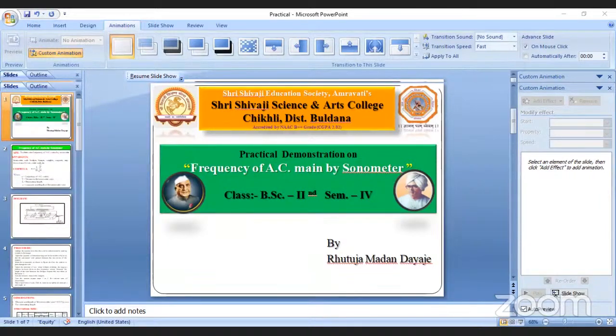The aim of the experiment is to determine the frequency of AC mains by sonometer. Apparatus of the experiment: sonometer with bridge, hanger, weights, magnets, step down transformer, meter scale, etc. The formula to calculate the frequency of AC mains by the sonometer is n equals 1 upon 2L under root T upon m.